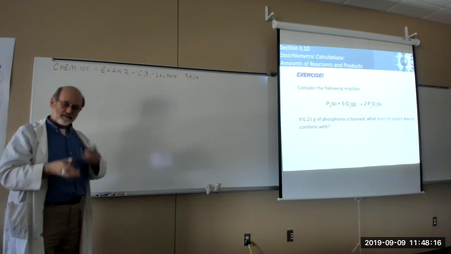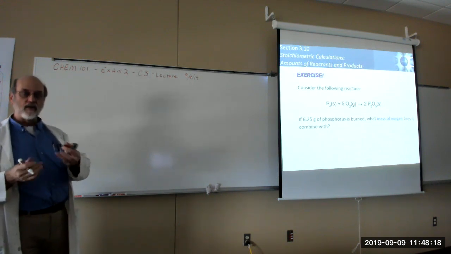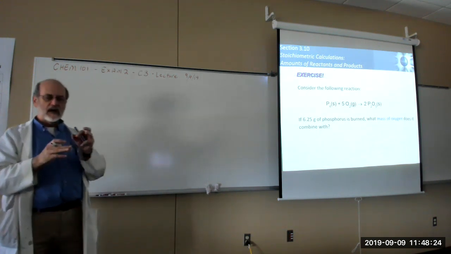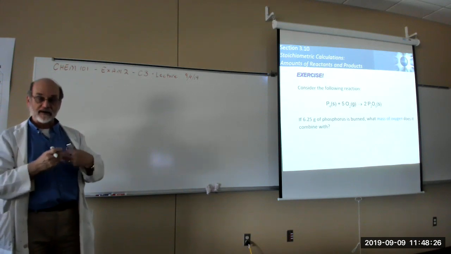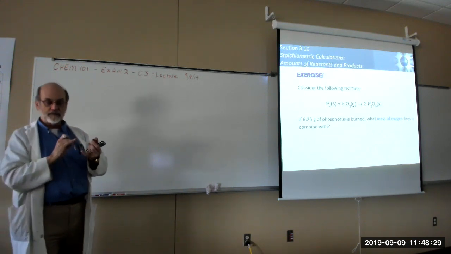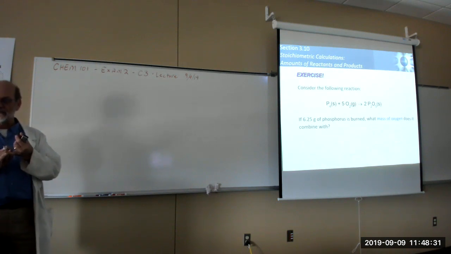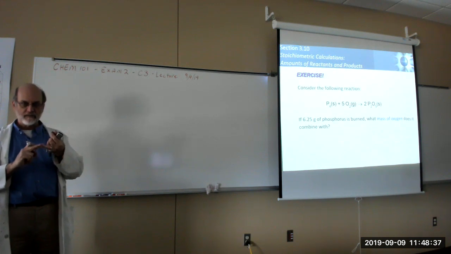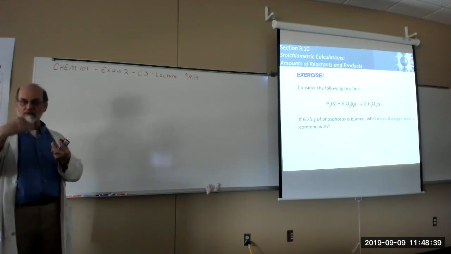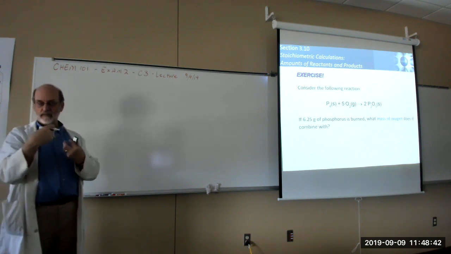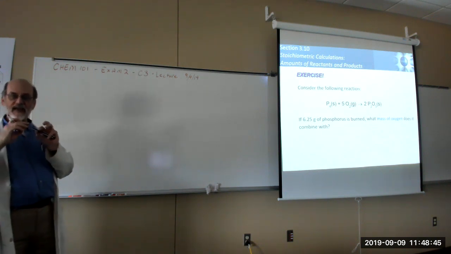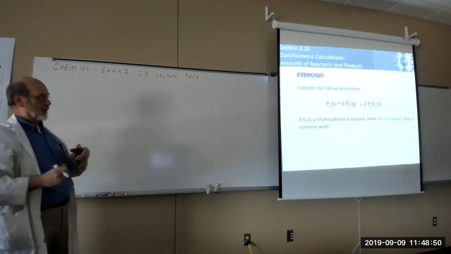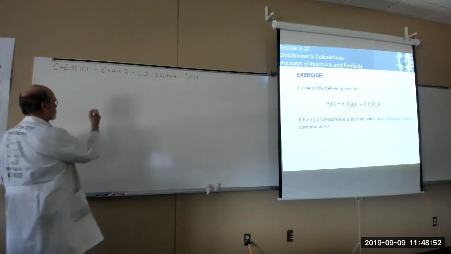But if you're given a reaction and masses of reactants, the first thing you have to do is write the compounds and elements correctly in their positions, reactants and products, then balance the equation, then position the masses that are given to you next to the reactants and products, and then convert them to moles so you can make the transition to answer the question. But for our purposes here, this one's already balanced.